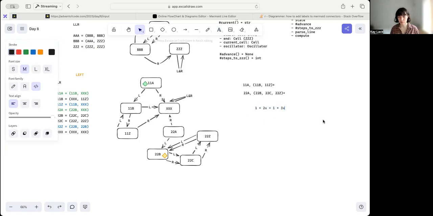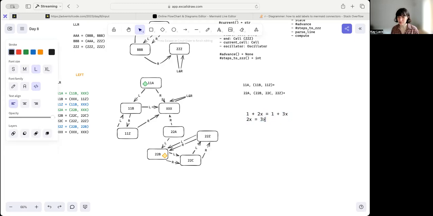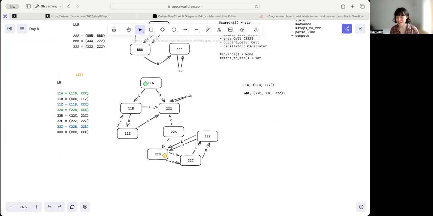I may be totally wrong about this. But if it is, then we can collect the like terms. Get 2x equals 3. Hmm. Doesn't seem that satisfying. No. Clearly the wrong way.